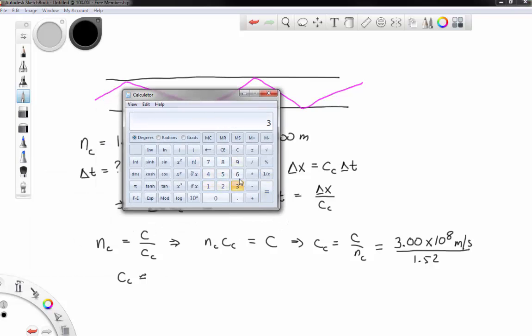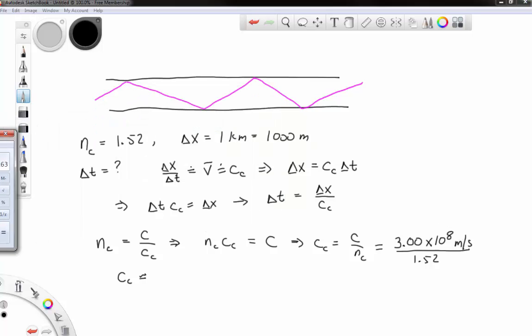So 3 divided by 1.52 gives us 1.97, and then of course times 10 to the 8. So we can write that this is 1.97 times 10 to the 8th meters per second. And now that can be plugged in over here for this equation.